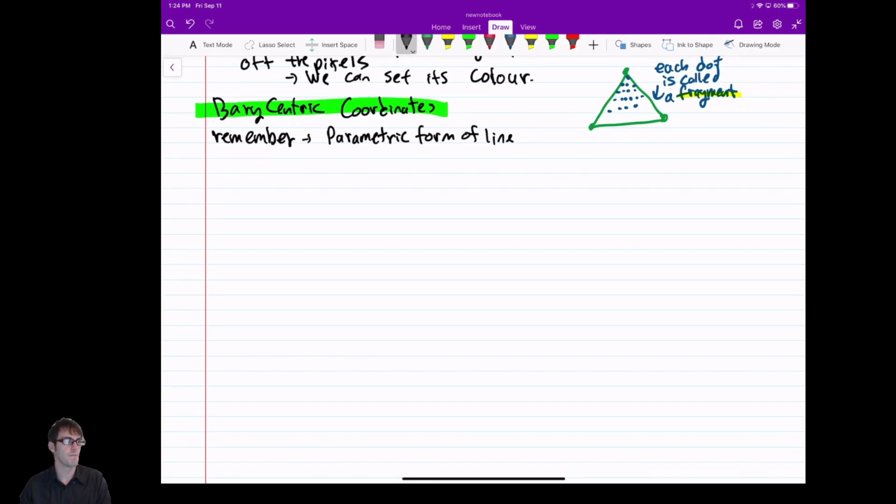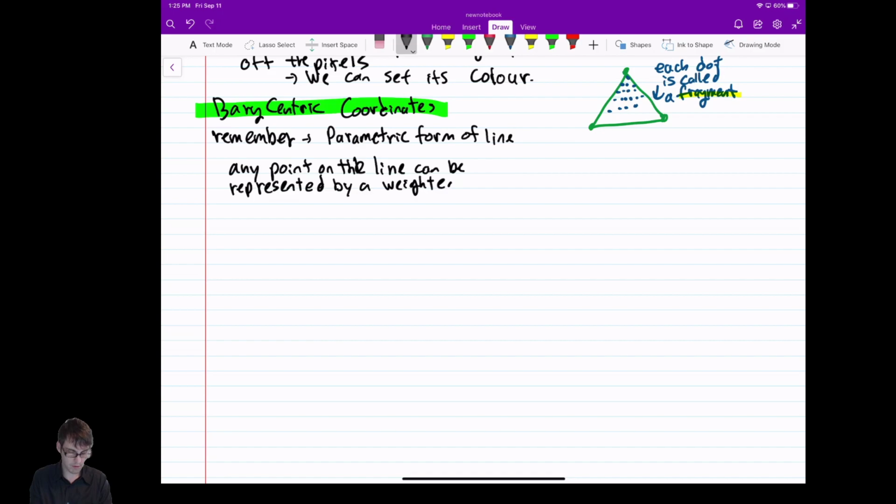But otherwise, keep going. If I have a parametric form of a line, then any point on the line can be represented by a weighted combination of the endpoints.